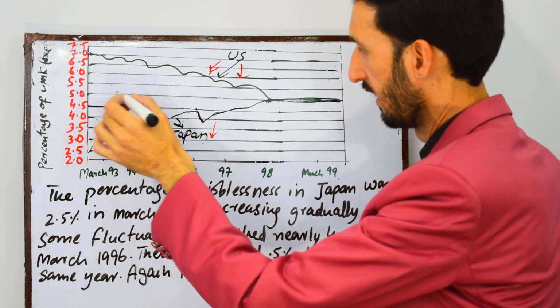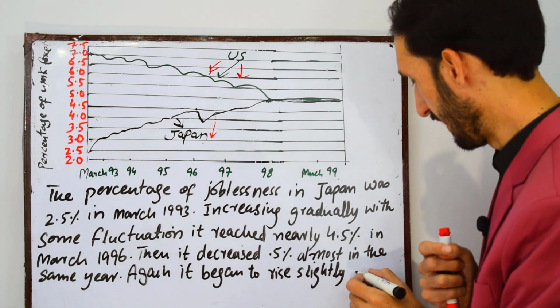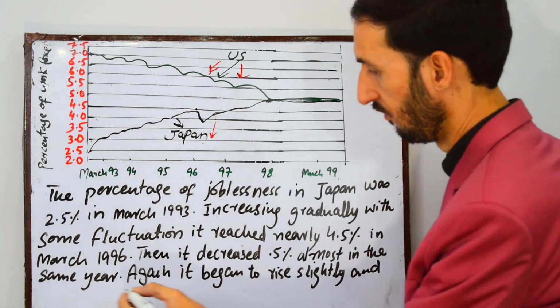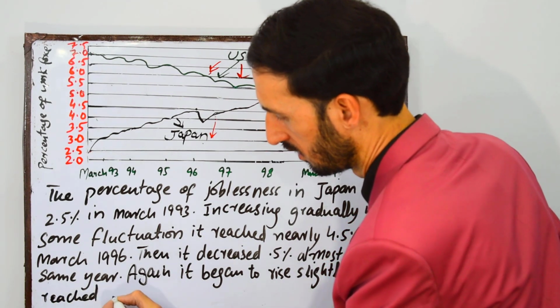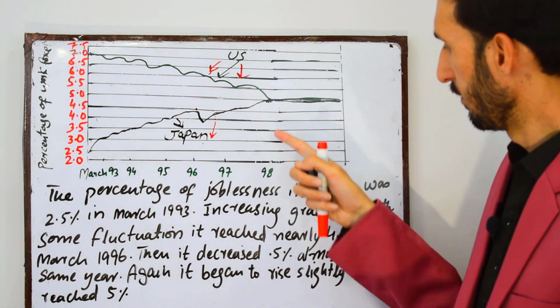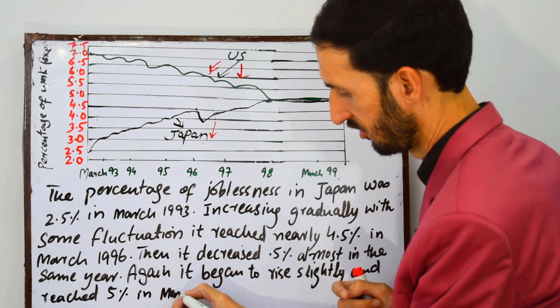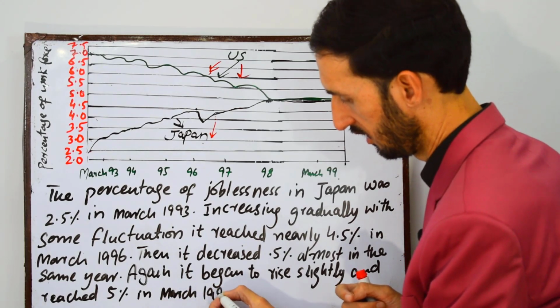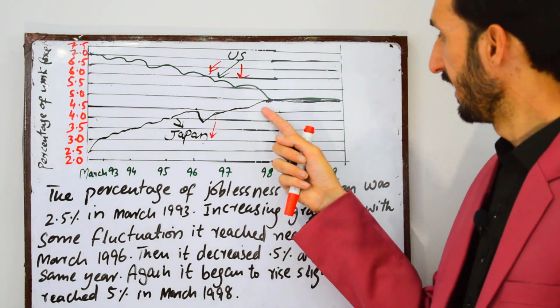This is 5%. It reached here. It began to rise slightly, and where did it reach? 5%. When? In March 1998. In March 1998, it reached 5%. And then what happened?